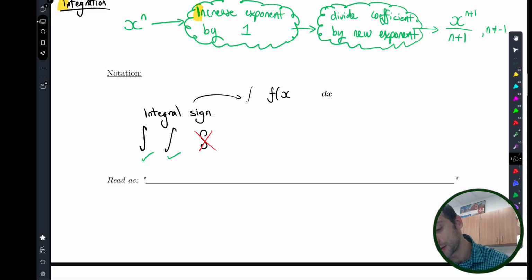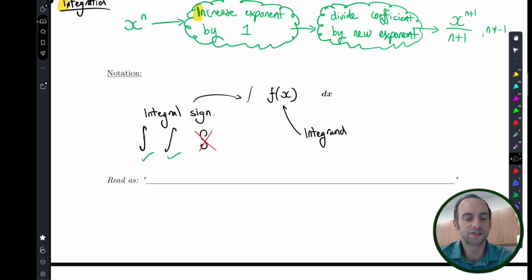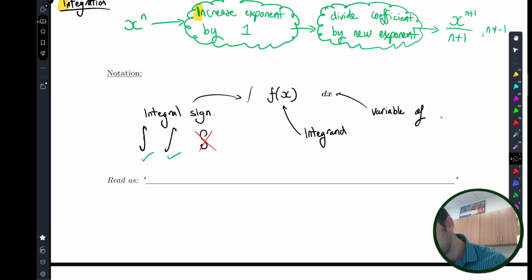So after your integral sign will go your function that you want to integrate. This has a technical name. This is called the integrand. That's the thing you are going to integrate. And then finally you have this dx at the back of your integral. This is simply the variable of integration. This doesn't play a huge role in the standard level course.